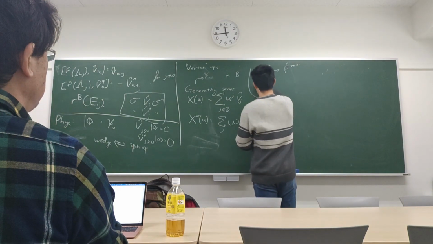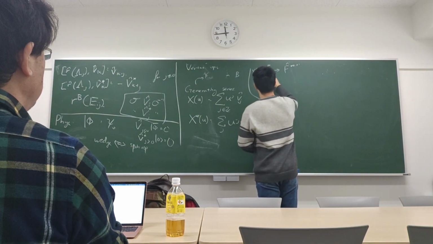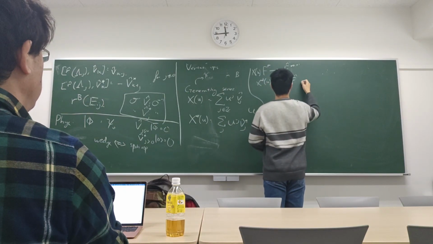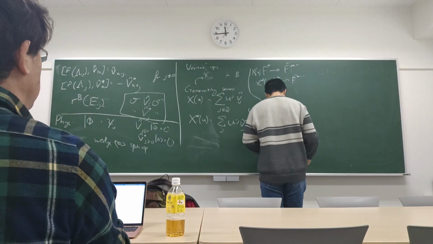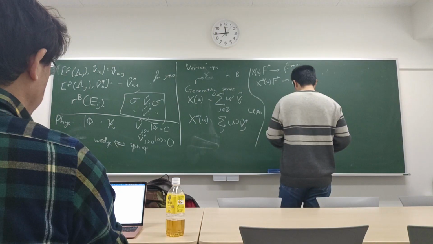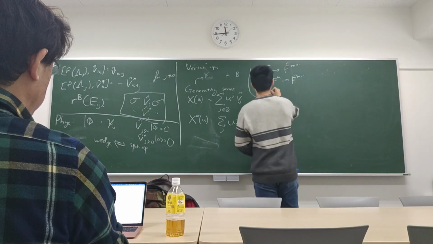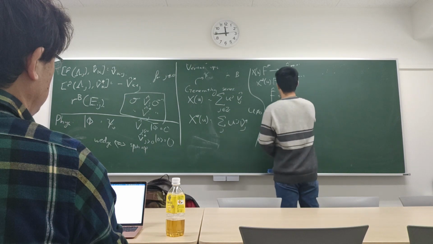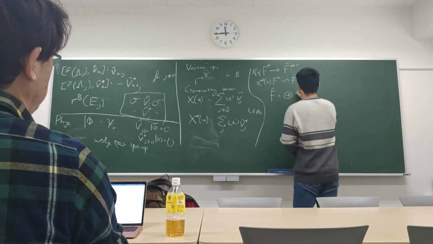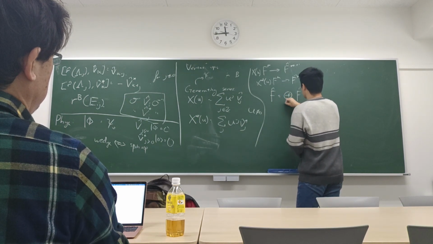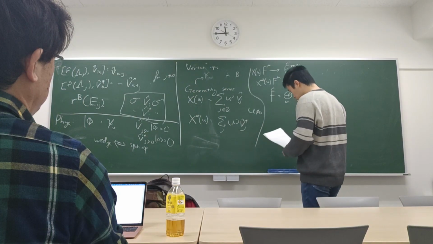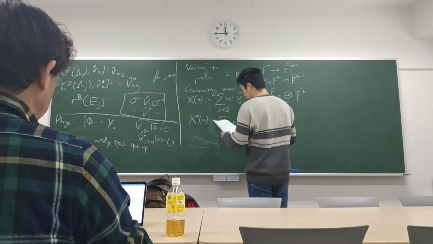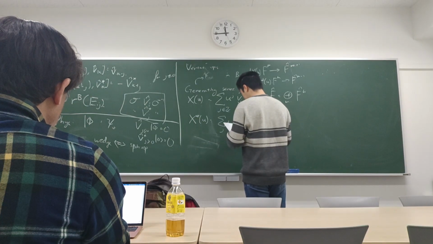And similarly, this X star(u) maps F_m into the formal completion of F_(m-1). And now we define this F hat to be the direct sum of all of these formal completions. And then we think about the transportation of this X instead.